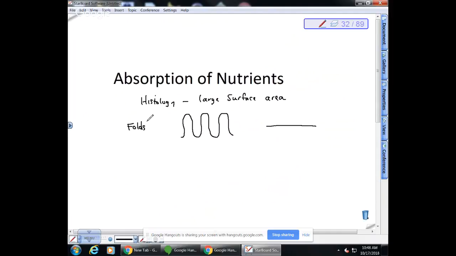But if I enlarged that, you would actually see that my intestine looks like this. My one fold would actually kind of look like this, right? And so you can see that there's folds upon folds, and these are what are referred to as villi.